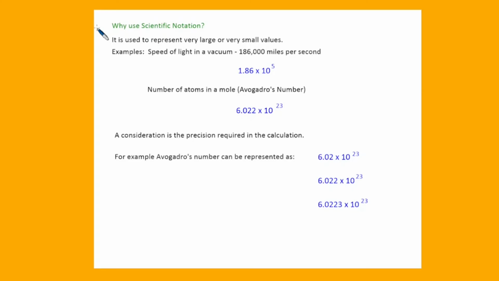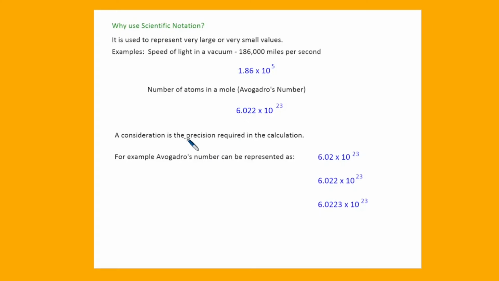A number that you will typically always see in scientific notation is Avogadro's number, which is the number of atoms or the number of molecules that's in a mole. If you're in chemistry, then this will make sense. Otherwise, just recognize it as a very large number. It's typically 6.022 times 10 to the 23rd power.